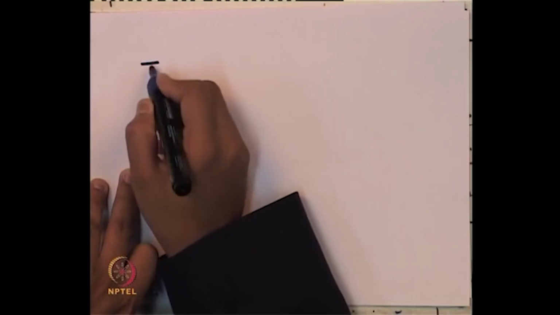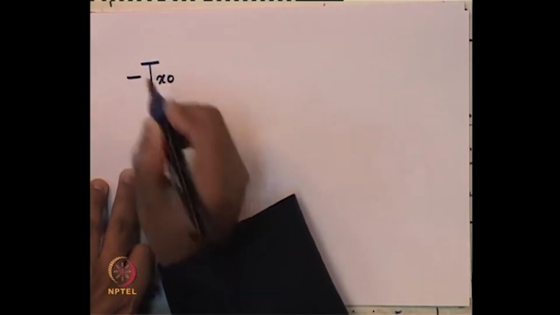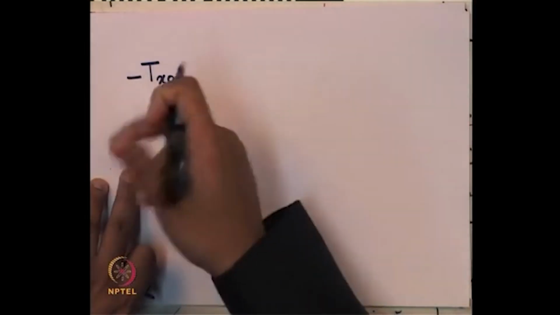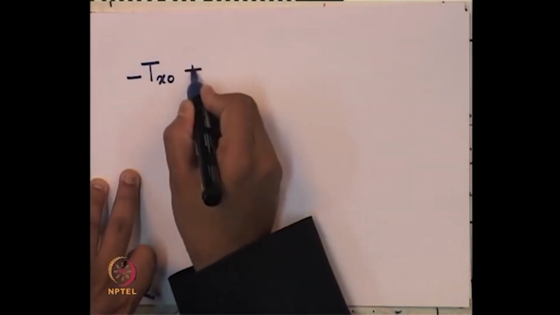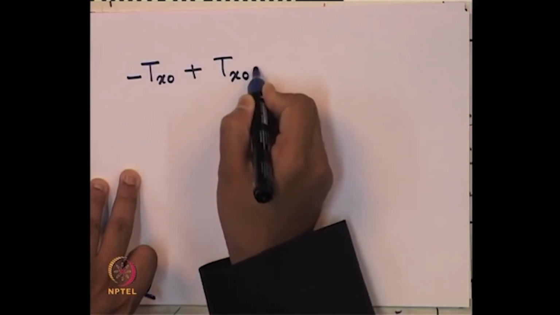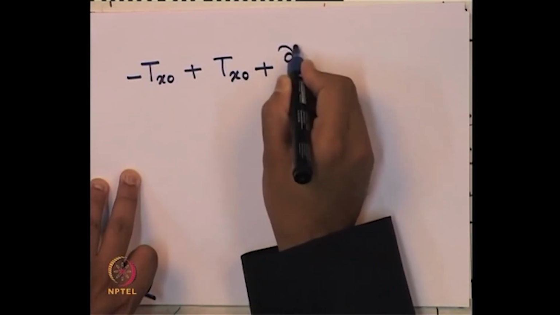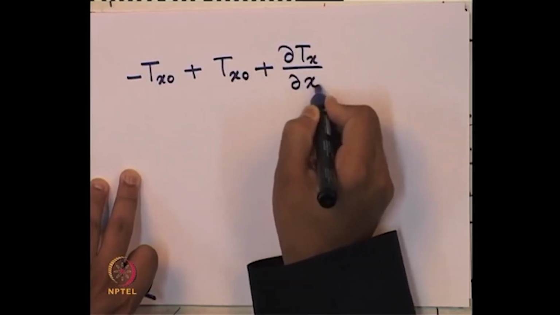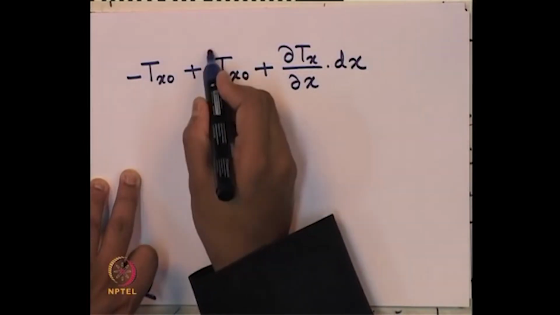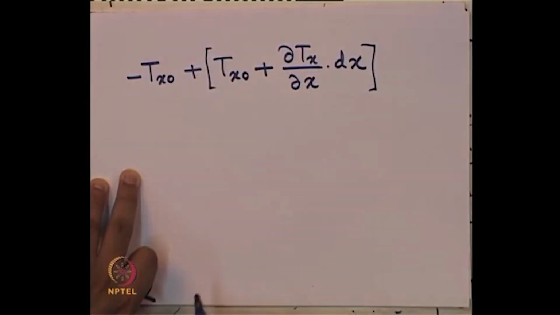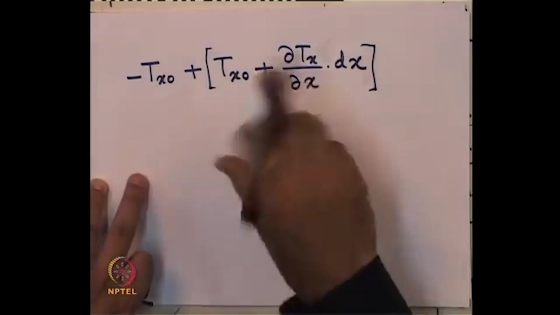With that, now let us see what further simplification we can do. When we write this equation of motion in the simplest form, similar to our longitudinal wave, in this case this T x naught was in the clockwise direction, plus this T x naught plus del T x by del x over the length of dx was in the anticlockwise direction.